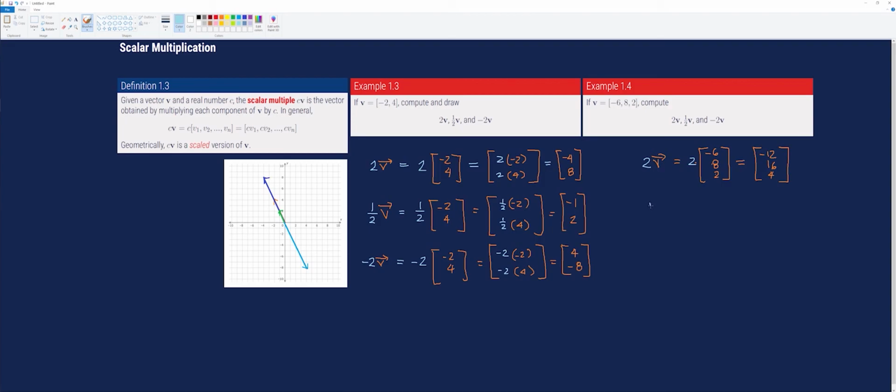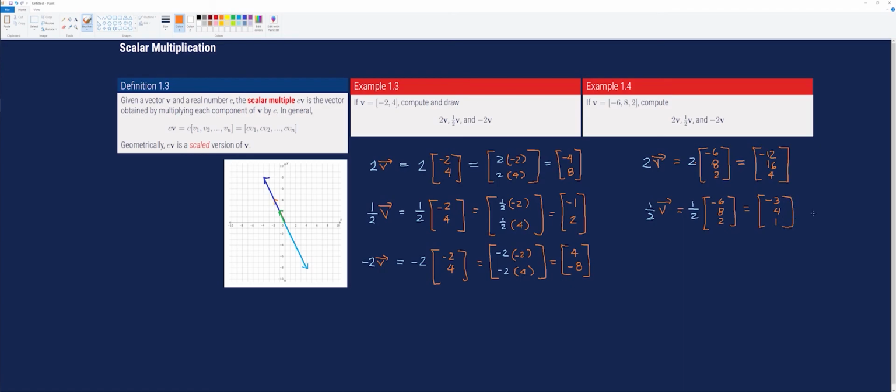Next, we have 1/2 vector v, and that is equal to 1/2 times the column vector -6, 8, 2. We will multiply each component by 1/2. So this is equivalent to -3. 1/2 times 8 is 4, and 1/2 times 2 is 1.